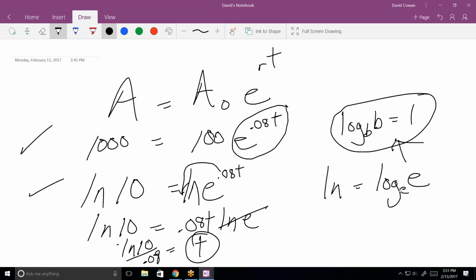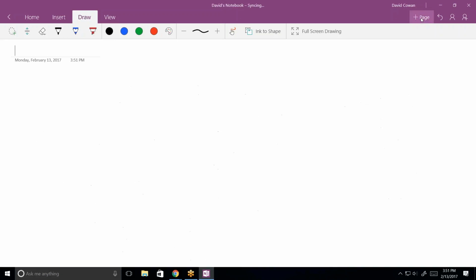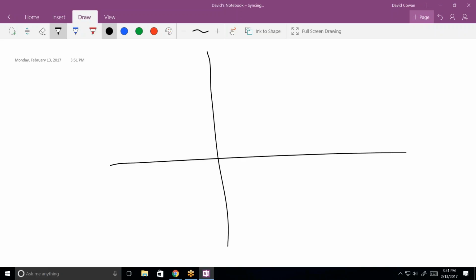Let's talk about graphs of logs. Much like exponentials, you can't really tell what base that is by just looking at that curve. That could be log base 10, that could be natural log, that could be log base 17.